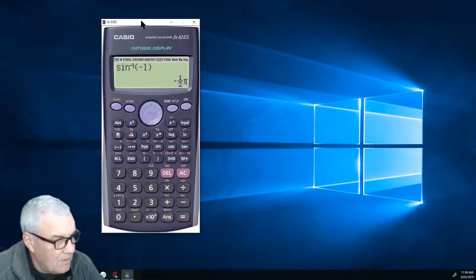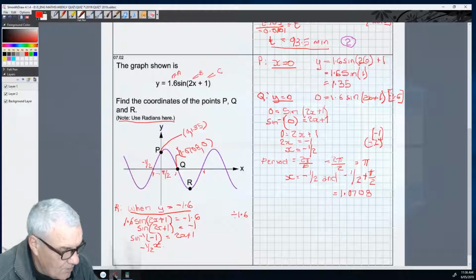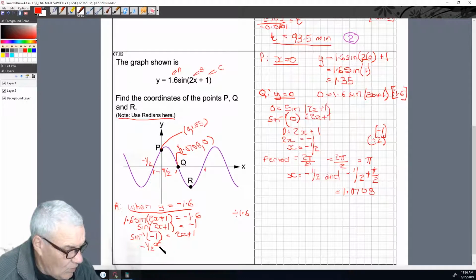What's happened here? Negative 1/2 pi equals 2x plus 1.